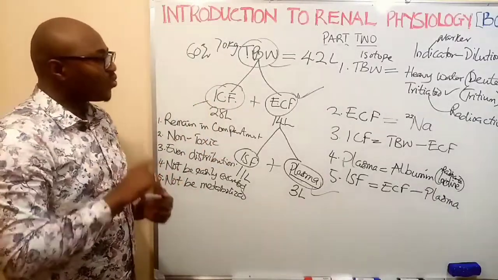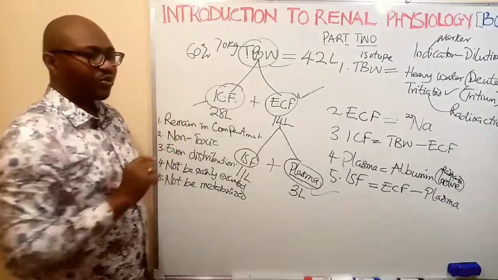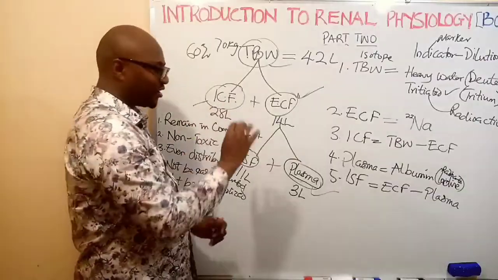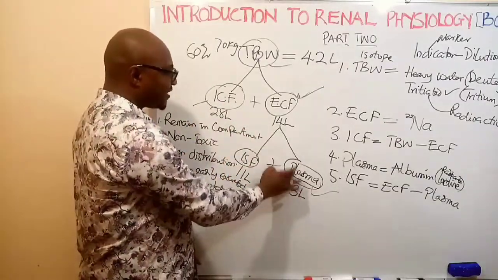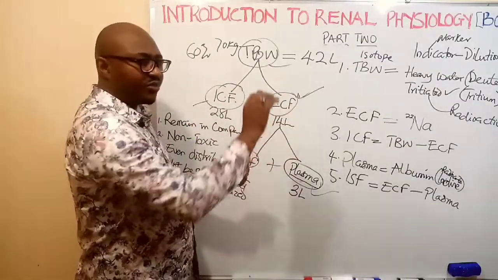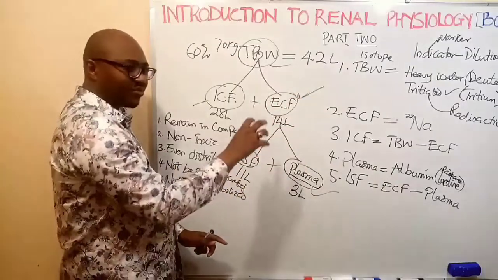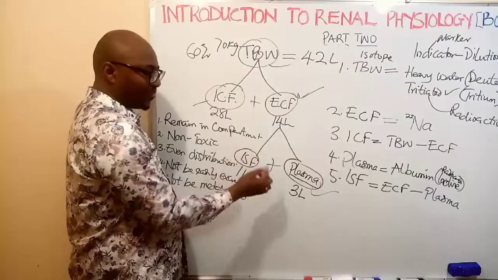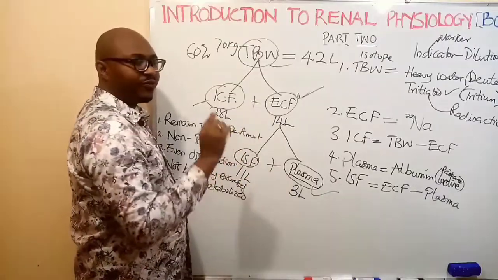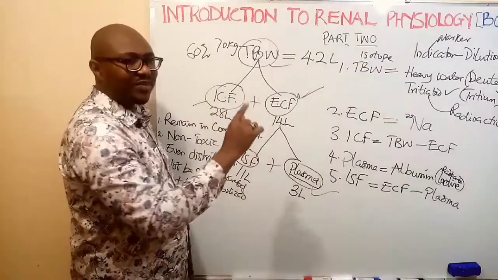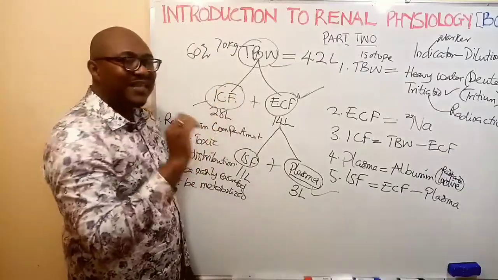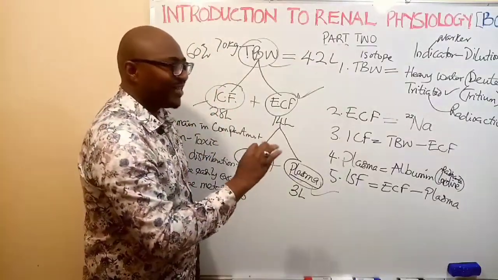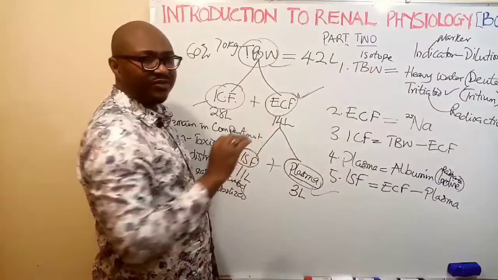All right. You also understand that without knowing the structure and the relationship between ISF and plasma, that diagram we drew, the heart, arteries and all of that, we would not have been able to know that we can gain access only through the plasma. So that means there is foundational knowledge that you need to have in order to achieve certain results.